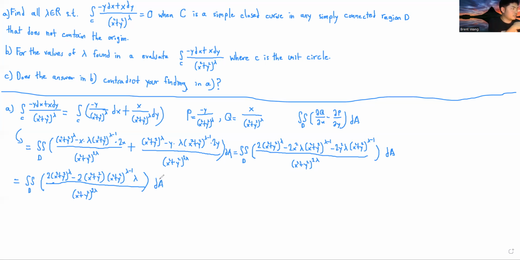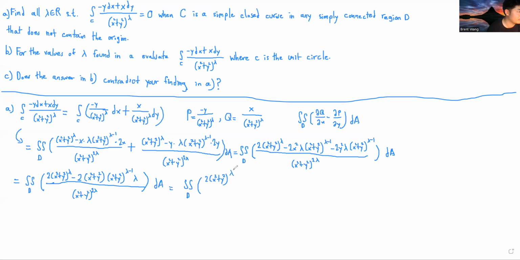And this times this just gives you lambda. So this is equal to d, 2 x squared plus y squared. This is really boring for you guys.